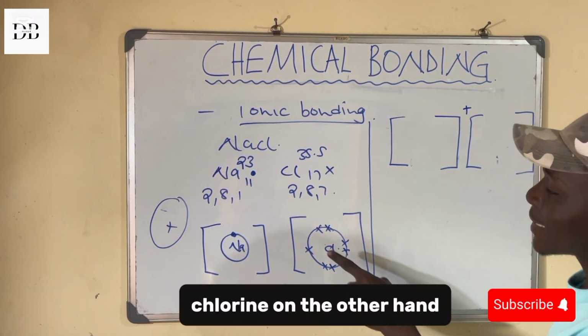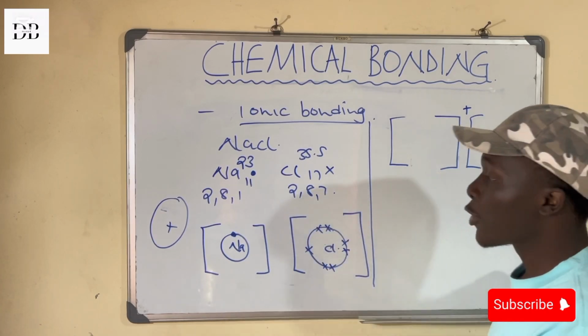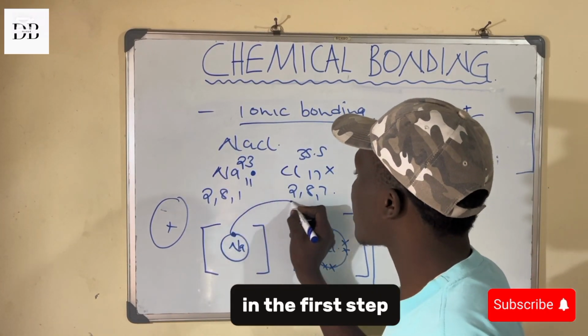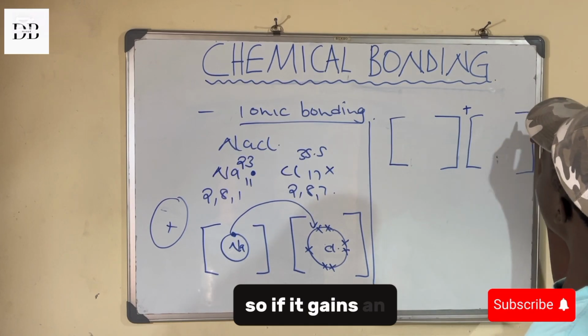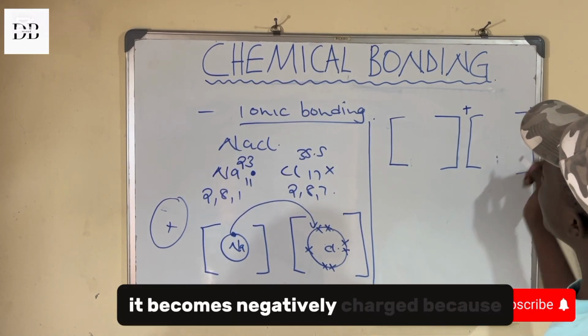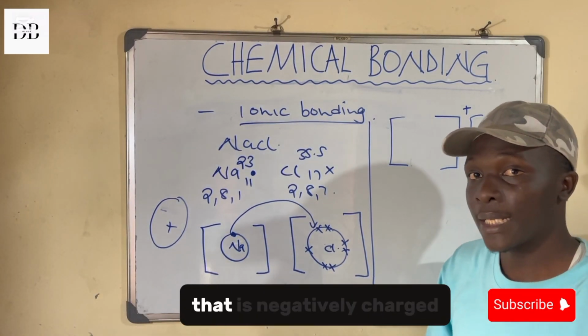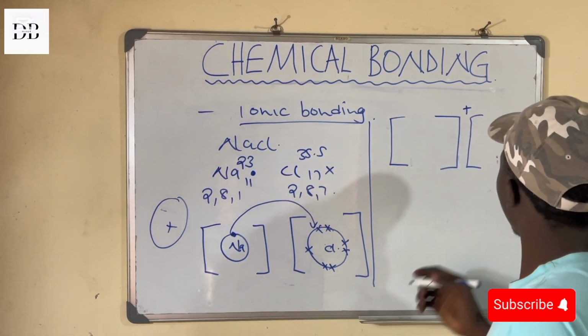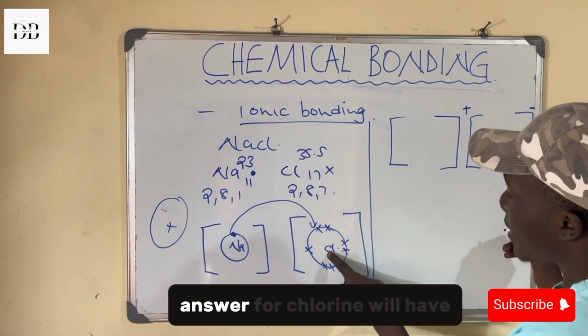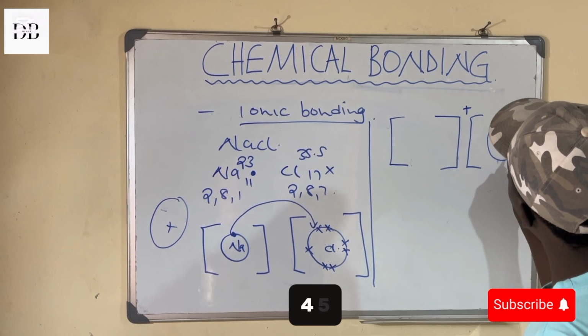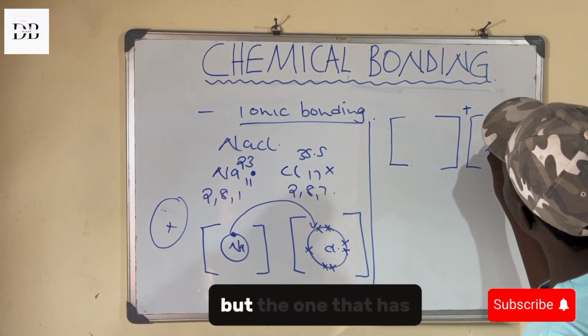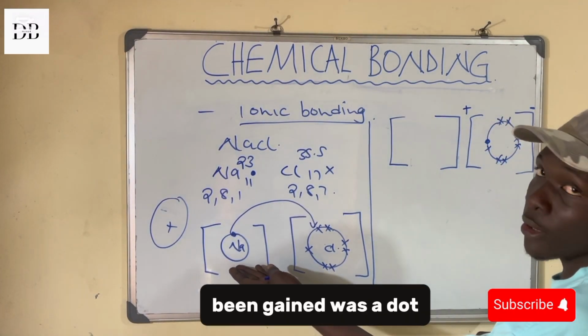Chlorine, on the other hand, gains that electron, so you can show this in the first step to say it has gained that electron. If it gains an electron, it becomes negatively charged because it has gained something that is negatively charged. In that sense, the final answer for chlorine will have 1, 2, 3, 4, 5, 6, 7, but the one that has been gained was a dot.